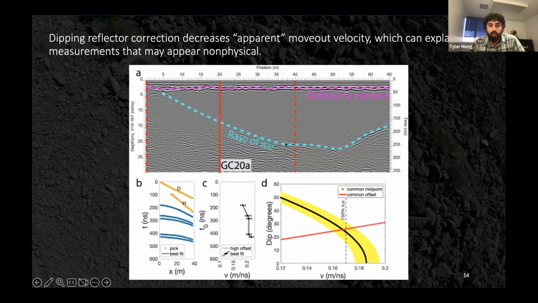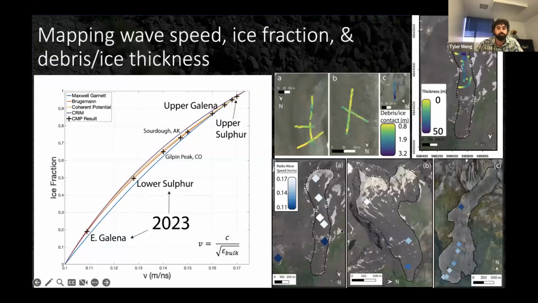Only by applying that dipping reflector correction do we bring it back into this physical value. And it's also consistent with this relatively reflection-free zone. So we're still getting close to a high ice purity in this case.